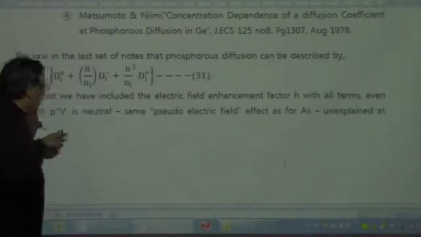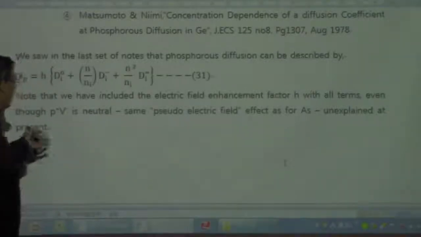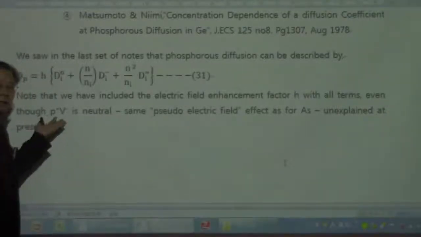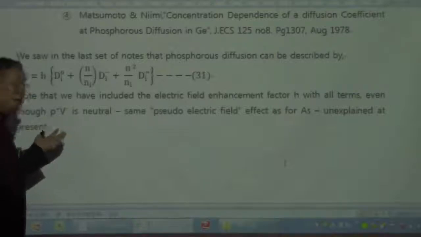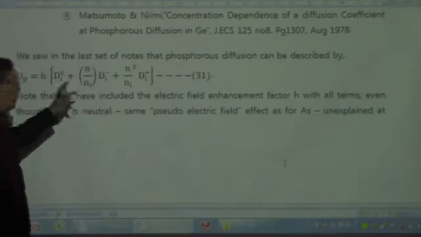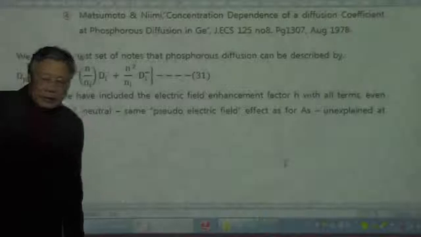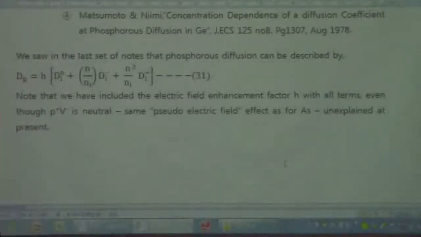Okay, just a word about the electric field effect, which we have discussed the last time, which is going to be maximum 2. But just for now, let's just forget about the electric field term here. That itself is not that big number, and we really don't understand why.